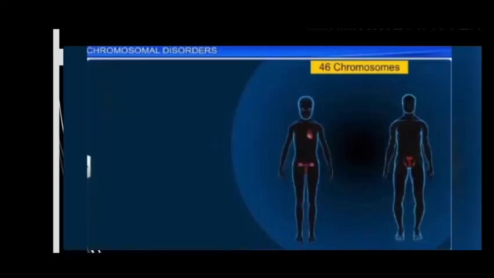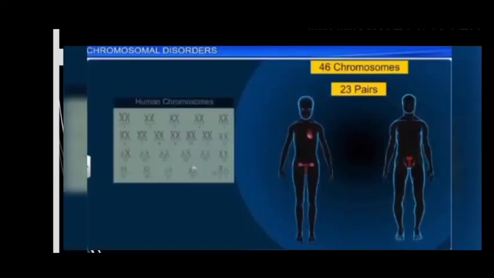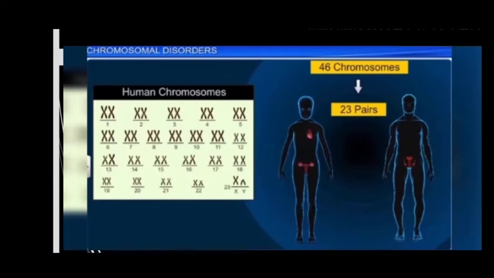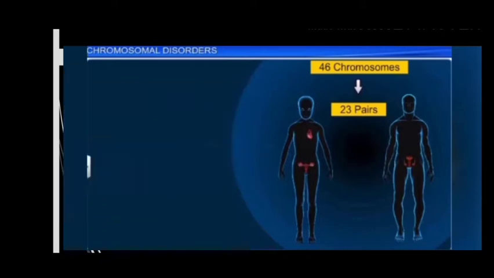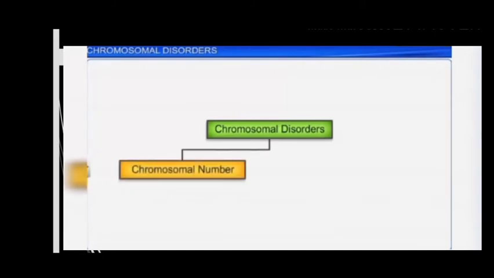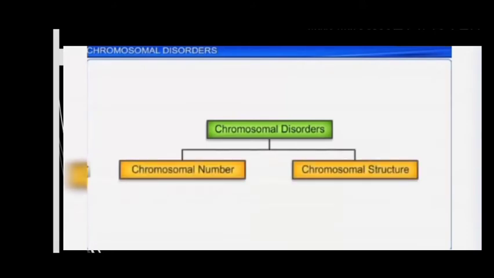Normal human beings have 46 chromosomes that are arranged in 23 pairs. However, even a slight variation from this pattern causes abnormalities or disorders. The chromosomal disorders are caused due to changes in chromosome number or changes in chromosome structure.